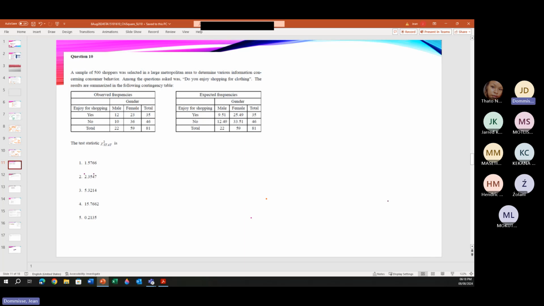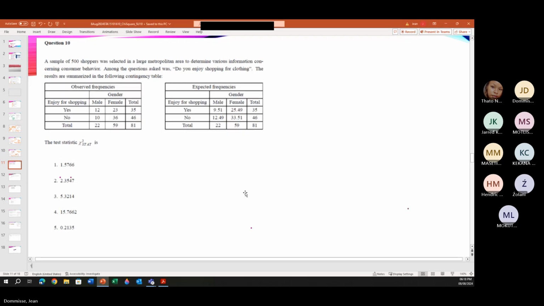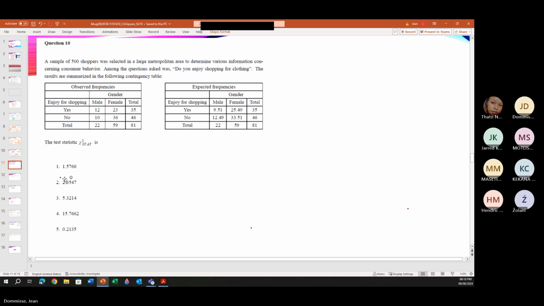Okay, so here is another one, and let me make it a bit bigger. They give us the question. So we get the observed, and that is our 4 numbers of observed.